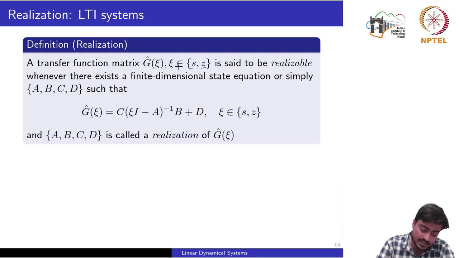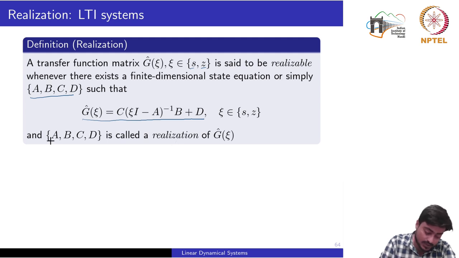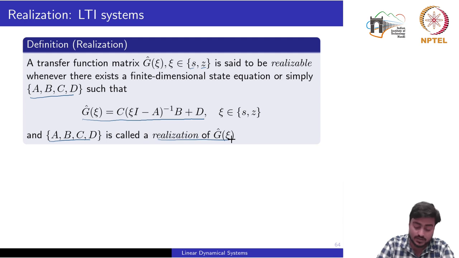The transfer function matrix g hat is said to be realizable whenever there exists a finite dimensional state equation, or simply the pair ABCD, such that this equation is satisfied. And we call this ABCD a realization of g hat of s or xi.